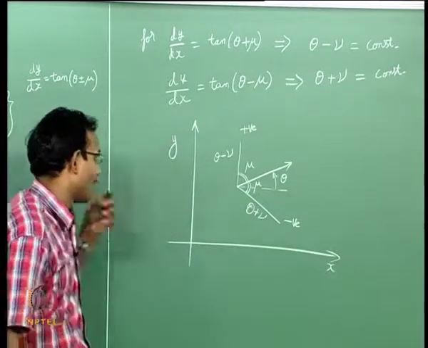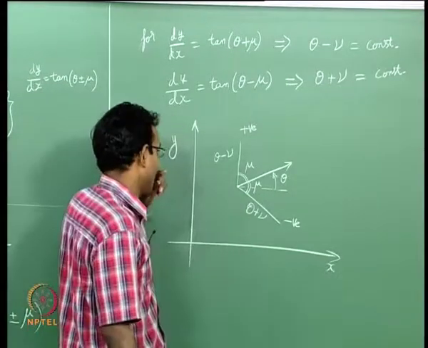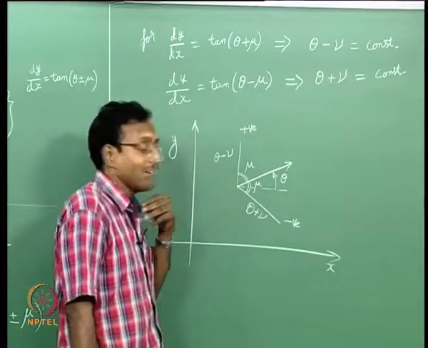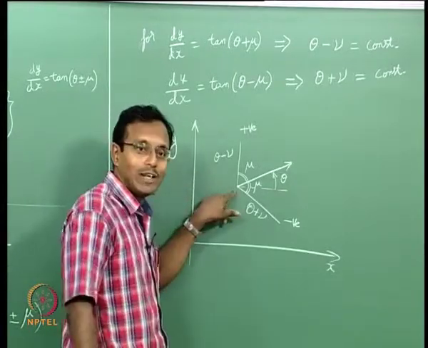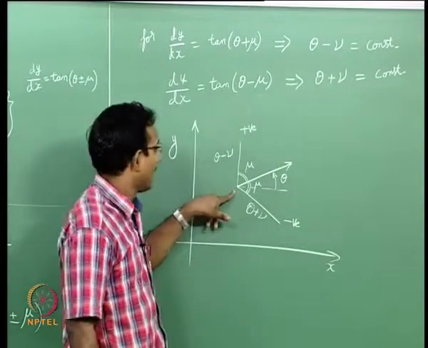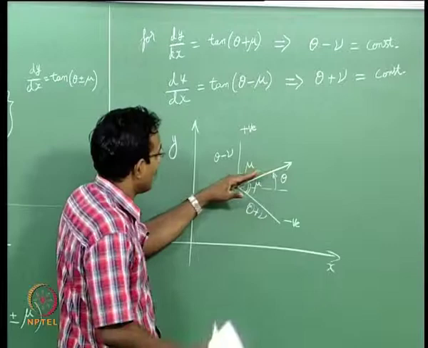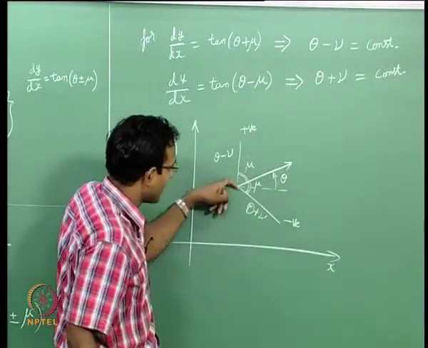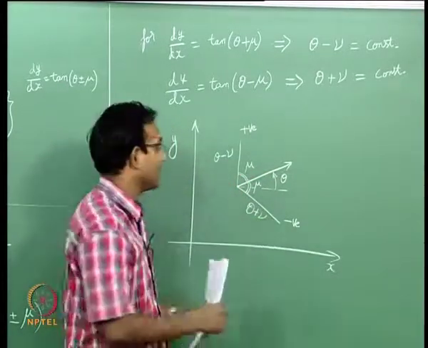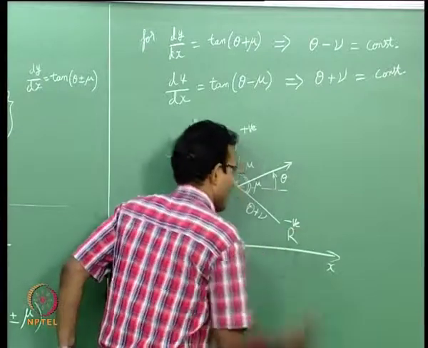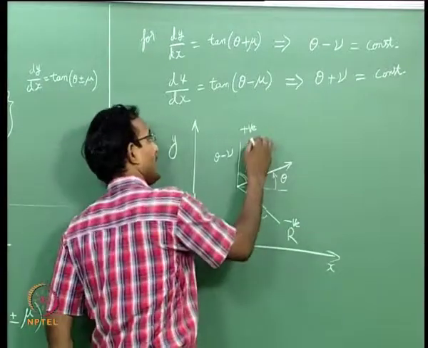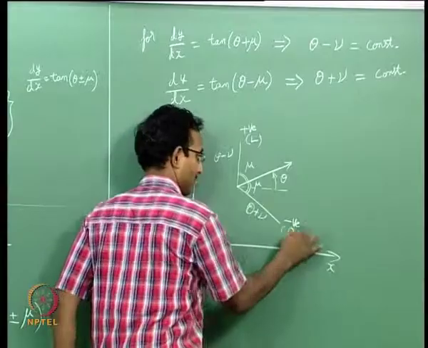I can also have another case where I put myself on this fluid element sitting there locally, and if the fluid element is moving this way, to the right of the fluid element this characteristic runs. So, this is called our right running characteristic, and the other one is called the left running characteristic.